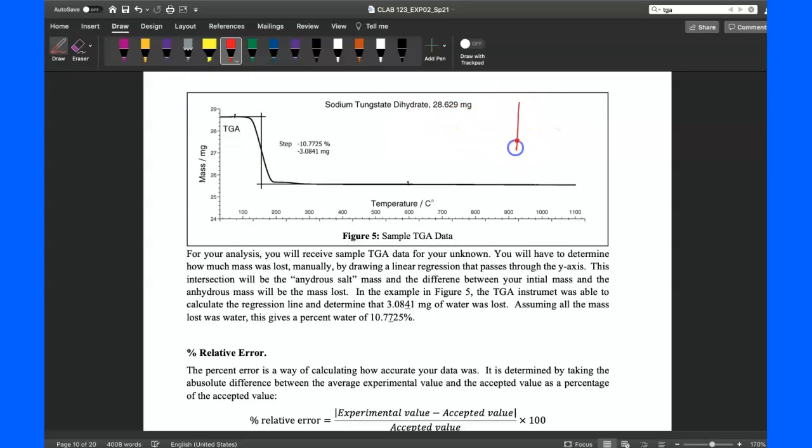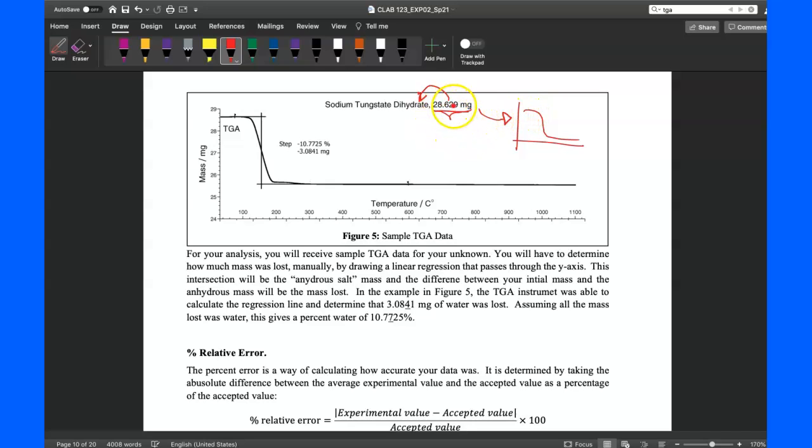Usually you just have this shape in the graph, right? This is the mass that was injected into the instrument. That's the mass of this hydrate that was injected into the TGA sample analyzer instrument. The graph was plotted using the data from the instrument.